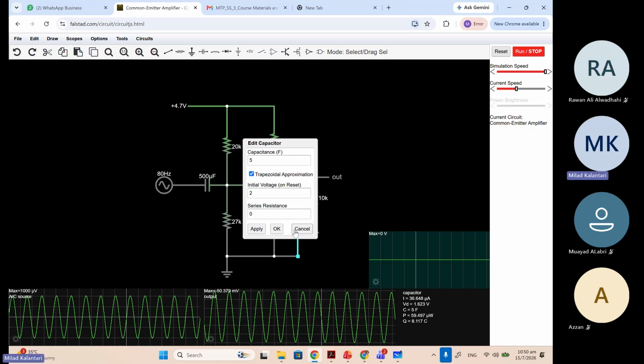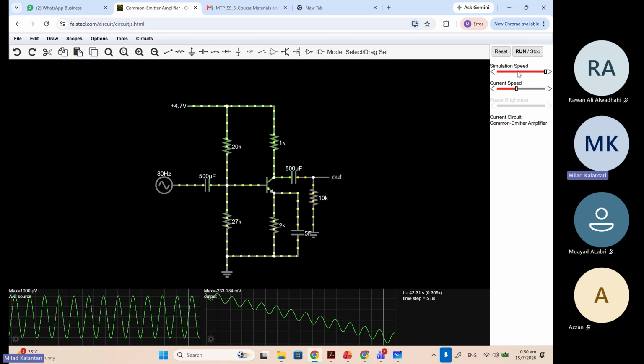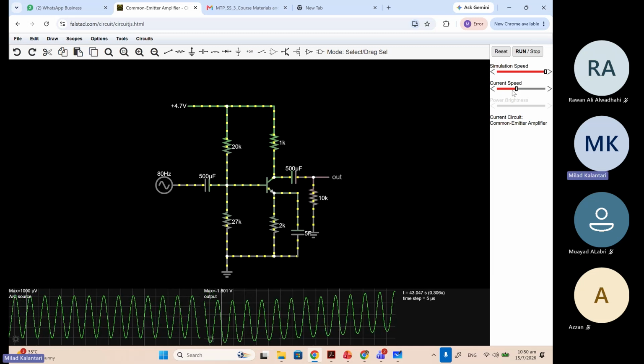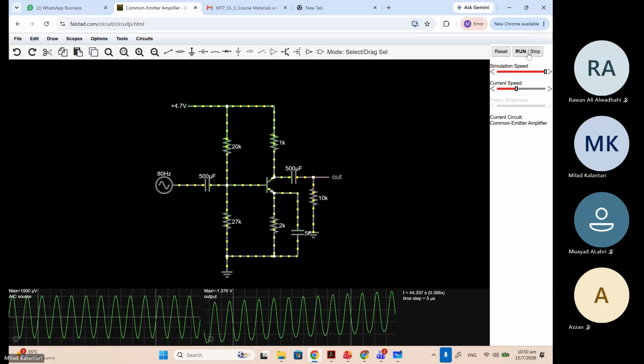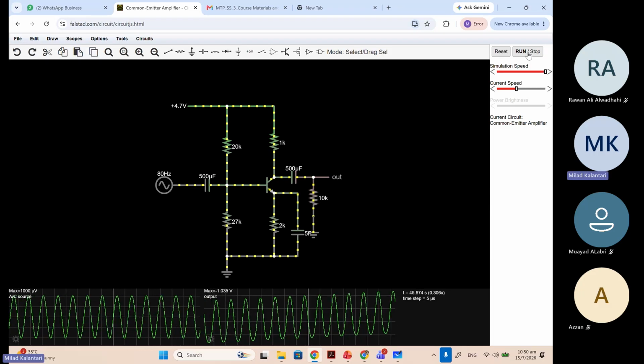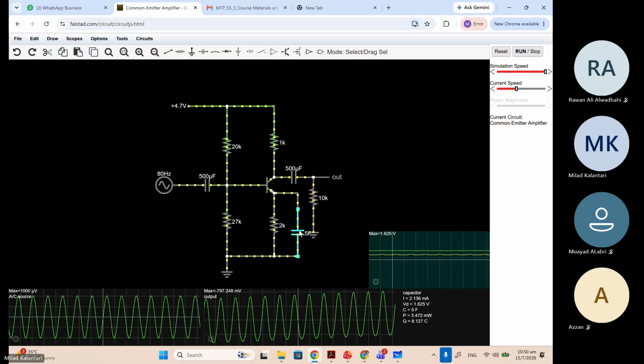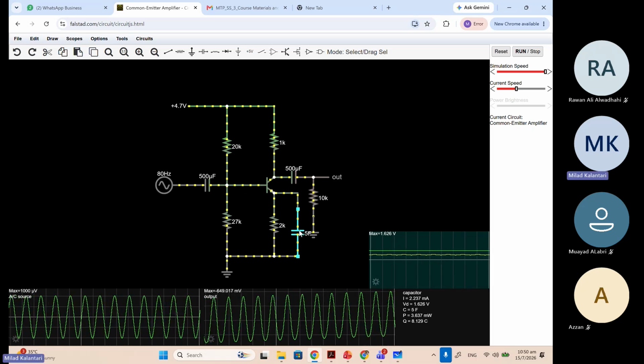So let's see. Actually, we can increase the input frequency and reduce the cap value. But the problem is this does not show very well. If you increase the frequency too much, then everything is just very, let's see. It's 6.